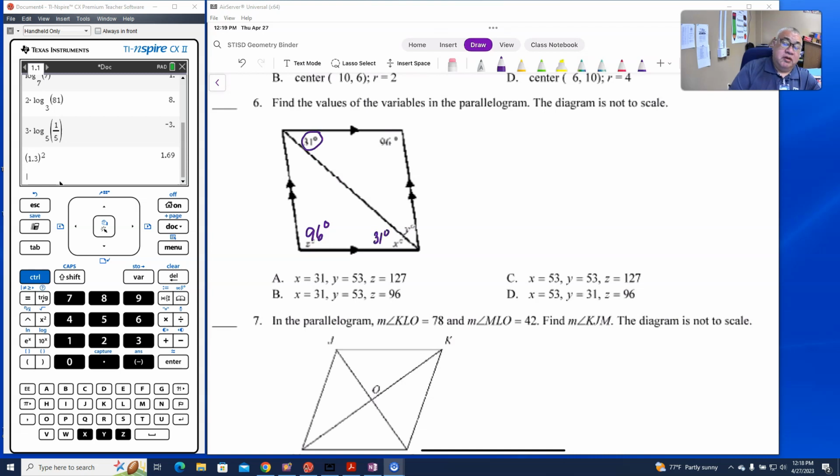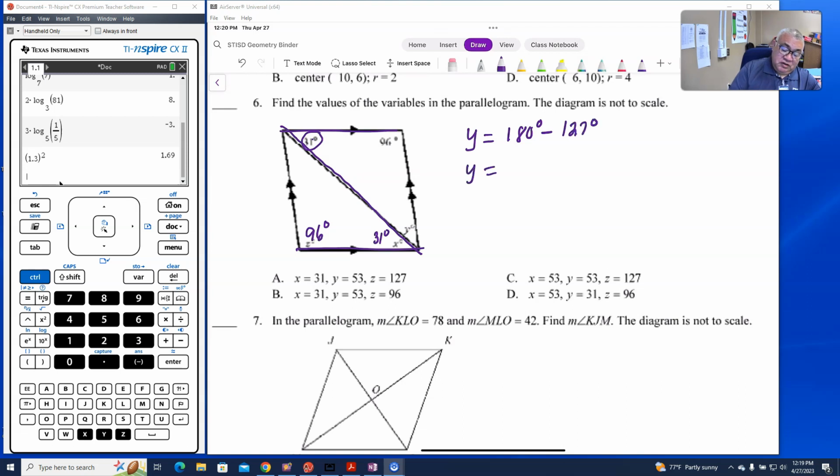Now you need to remember that we have two lines that are parallel, cut by a transversal. Then we know that alternate interior angles are congruent. If this is 31 and this is 96, then to find y, it will be 180 minus the sum of 31 and 96, which gives you 127.